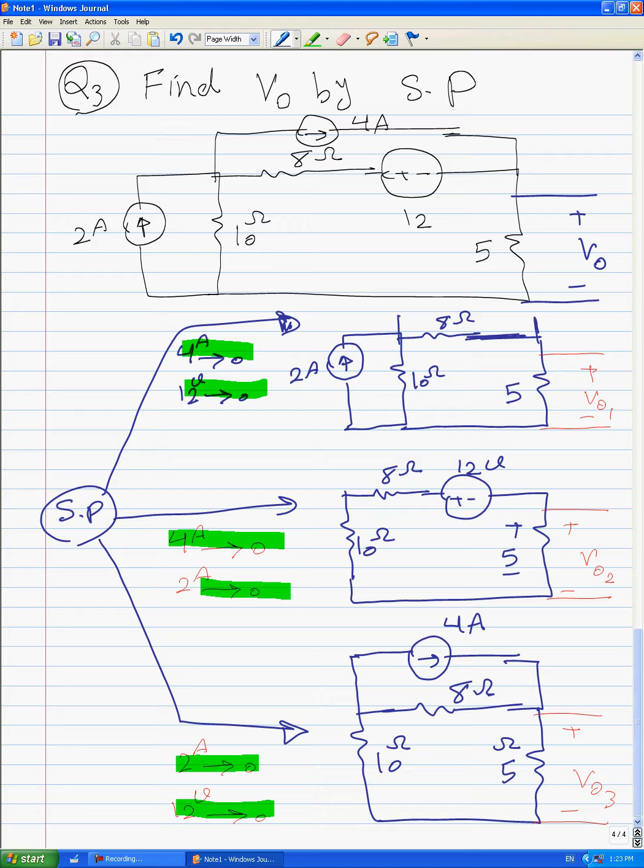On the next page we can solve the sub-circuits and find V out 1, V out 2, and V out 3, and finally we add them together in order to find V out.